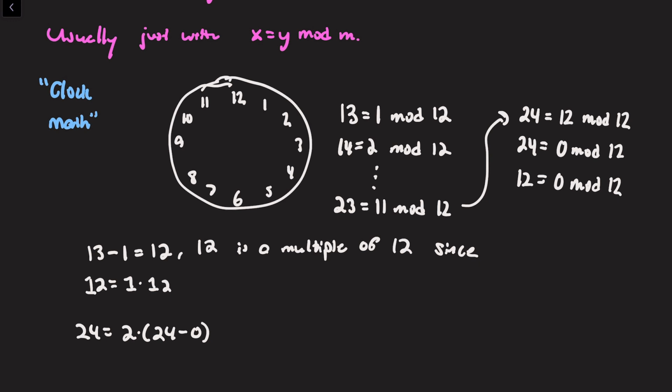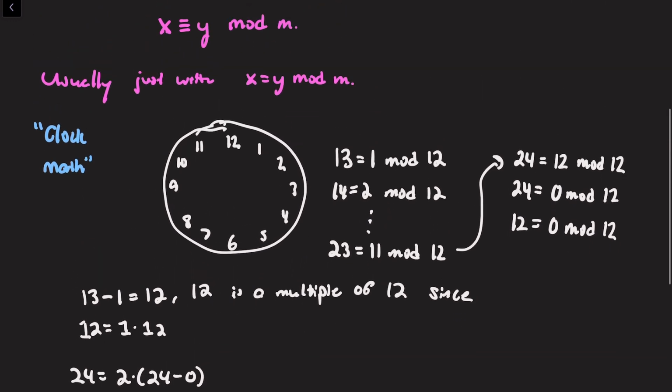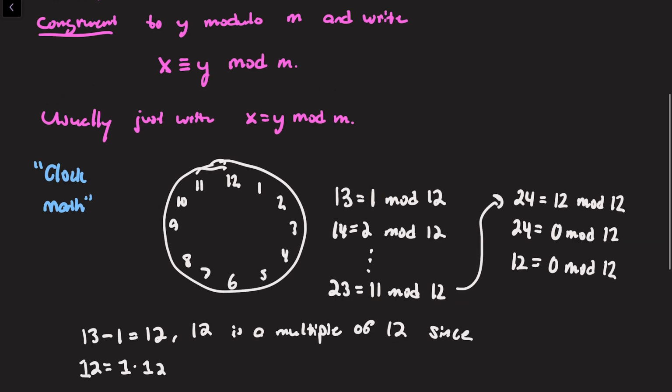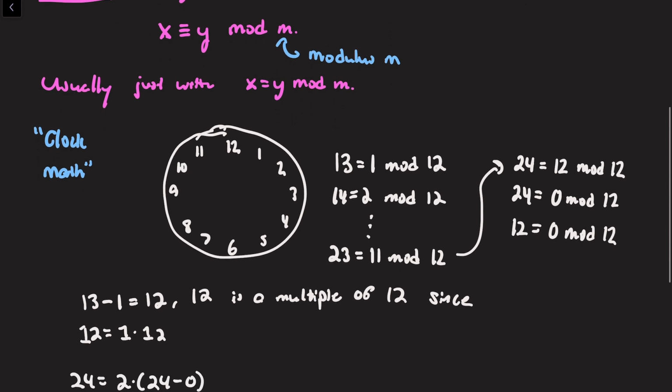All right, and that's a good example to keep in mind. Of course, we call this number m the modulus. Here we've used 12 as our modulus, but we could pick any other number just as well, as long as it's a non-zero integer.